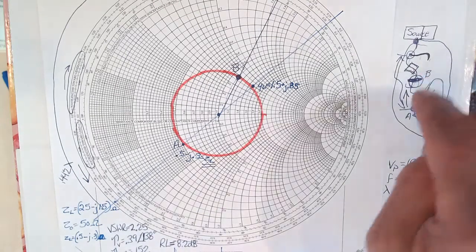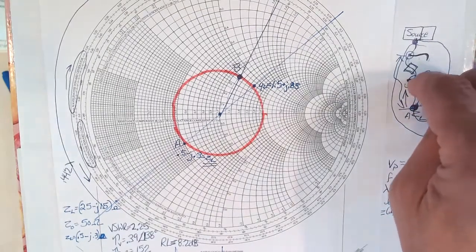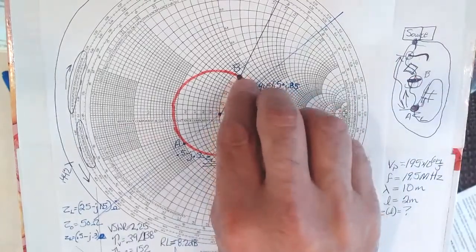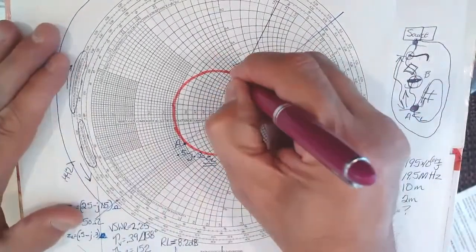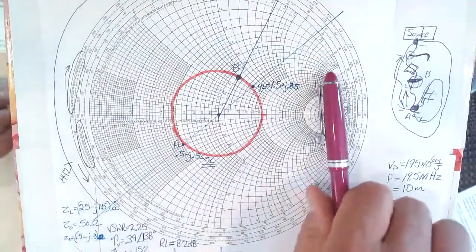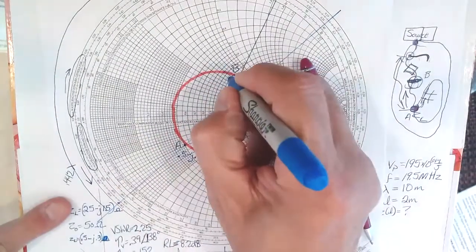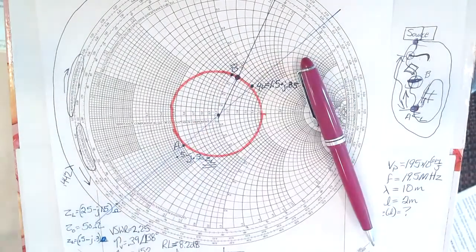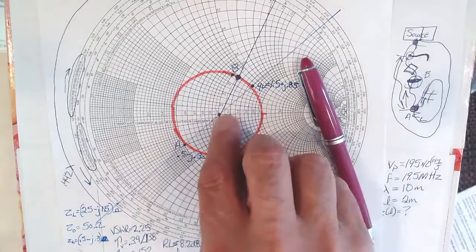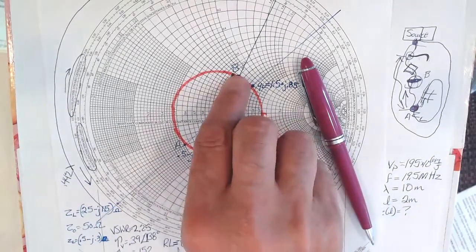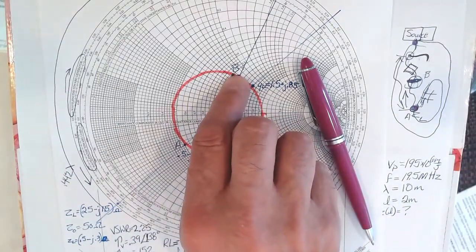And I could do something there if I wanted to. Really the salient point to get to, I'm just going to draw it in here, is this point here, where I'm at 1 plus J0. This is 1 plus J0. Well, this is 1 plus J something or other, isn't it?